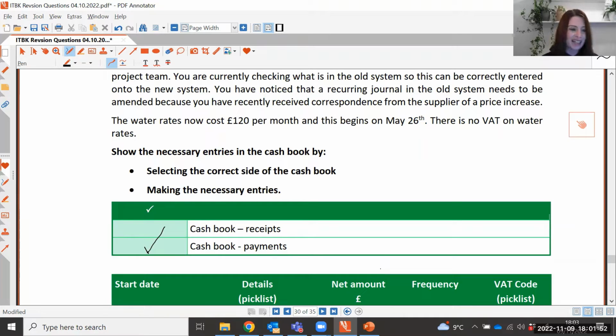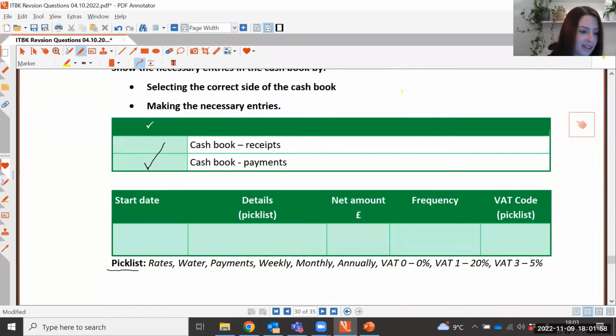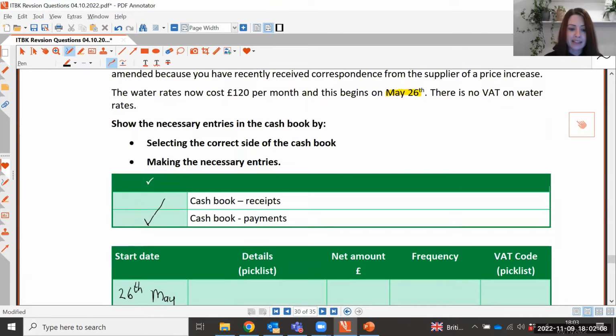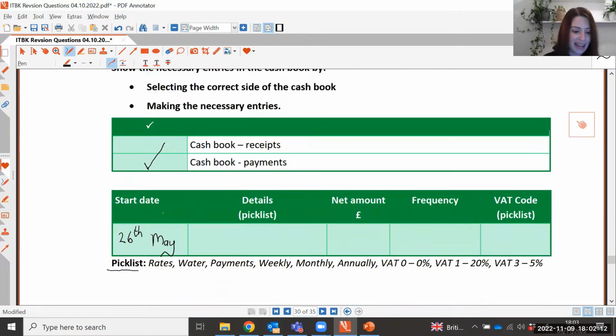Good, Catherine. Yes, brilliant. So we've got the 26th of May. And then what would we put as our details? Water, good, yeah.